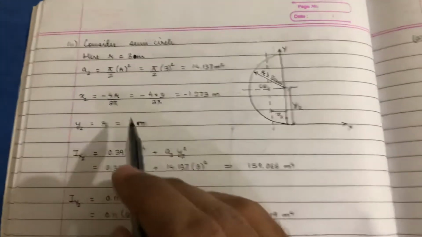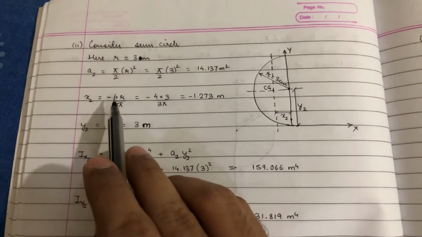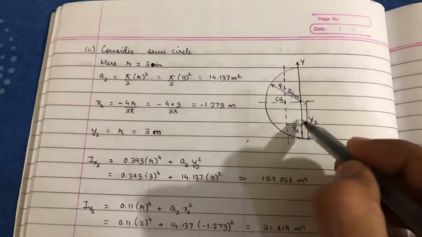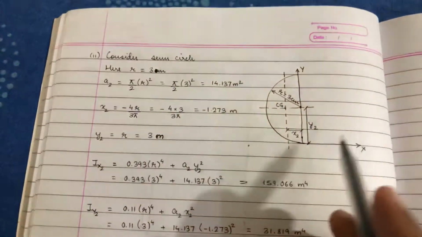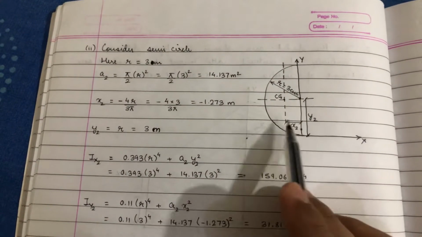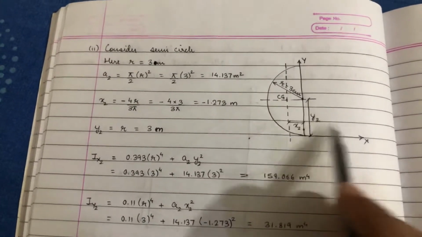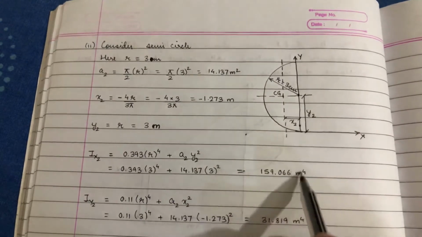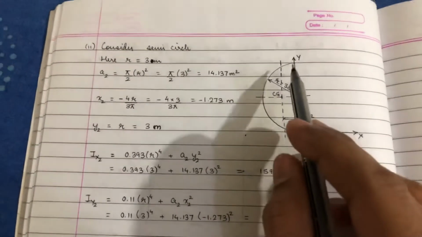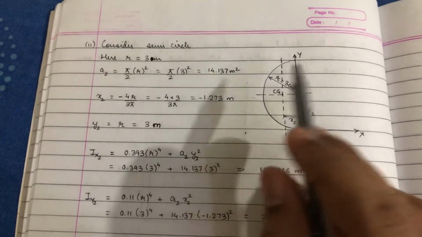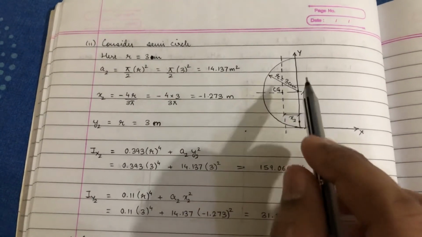Now you can see x2 has been taken as minus 4r upon 3 pi. Why minus? Because this is moving in the negative x direction. This is the first quadrant. This will be the second quadrant. This is the third quadrant. This is the fourth quadrant. In the fourth quadrant, x is always minus and y is always plus.